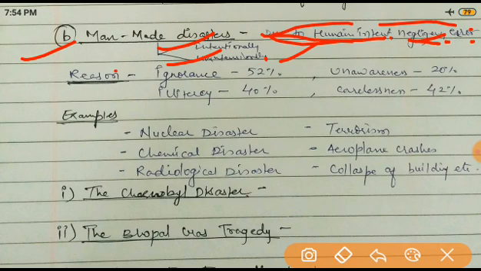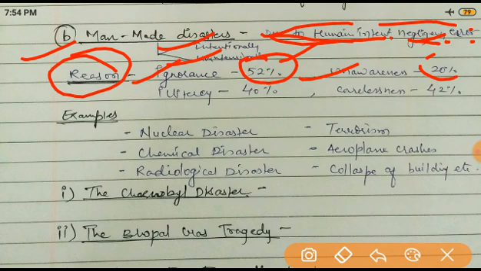If we are finding the reasons, what are the reasons of these man-made disasters? This is all about their percentage. Ignorance. Generally, most of the persons are ignoring, even their life they are ignoring. So ignorance 52%, unawareness 20%, illiteracy 40%, and carelessness 42%.